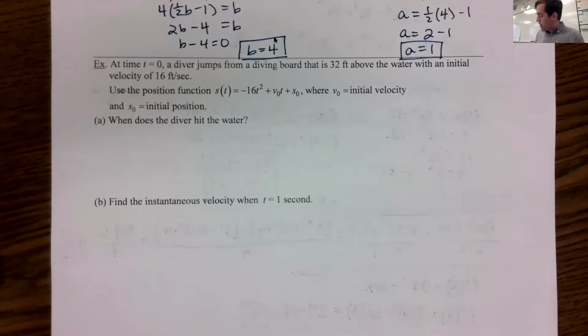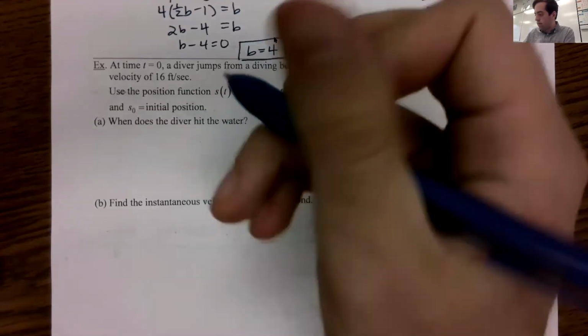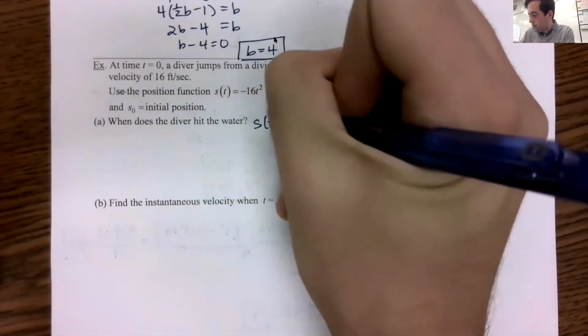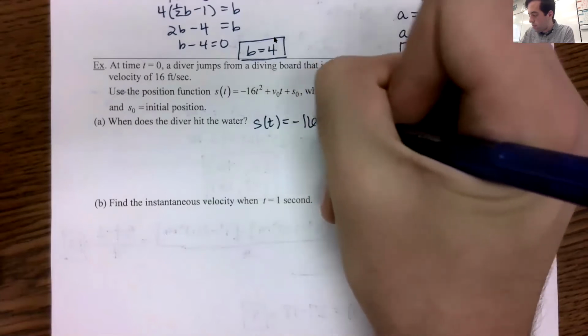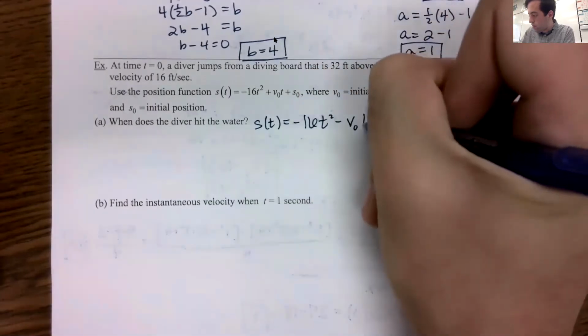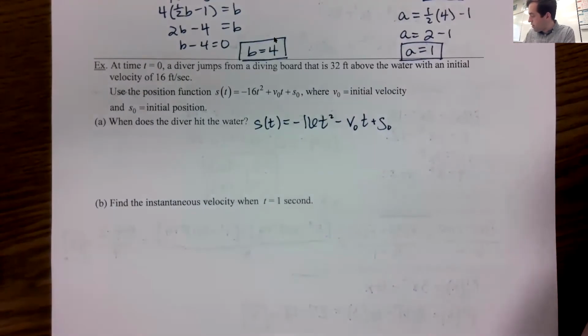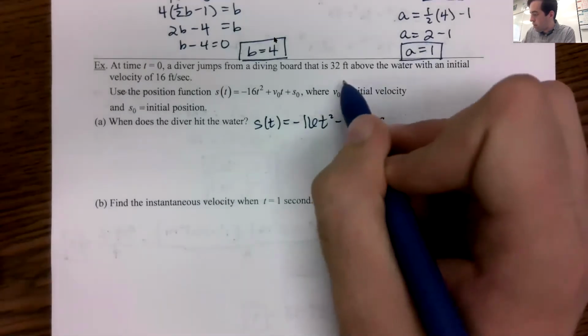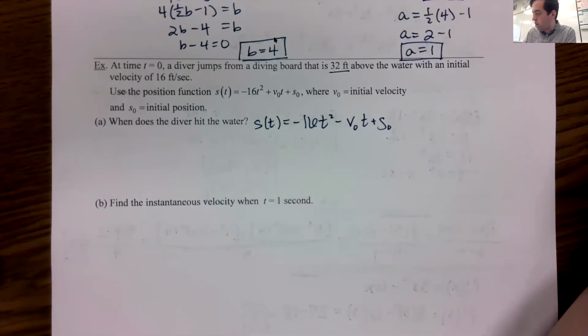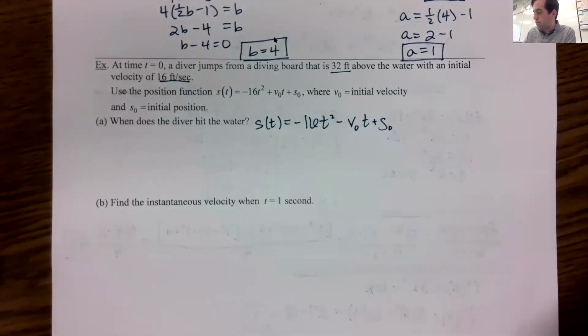So let's think. The position function is given. So I'm going to write that down. And we are already told that the diver jumps from a diving board that is 32 feet above the water and has an initial velocity of 16 feet per second.